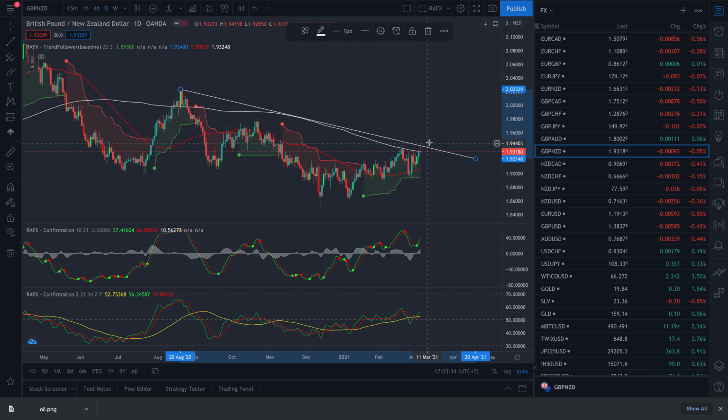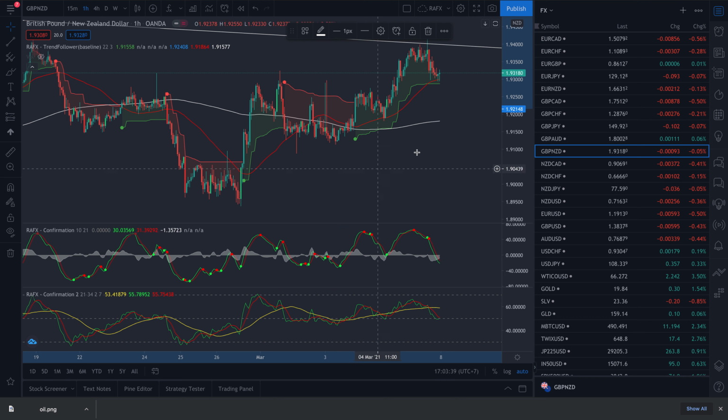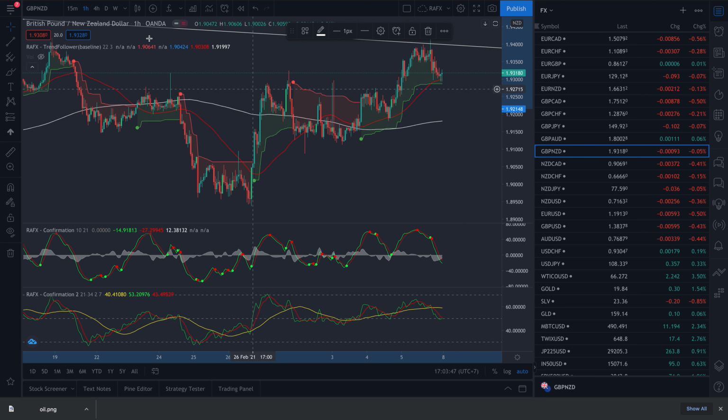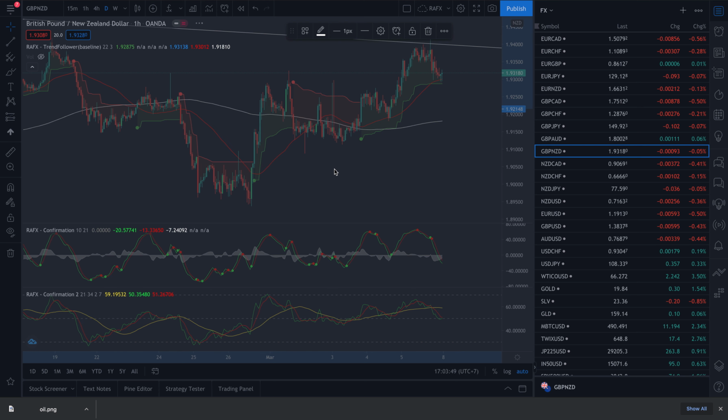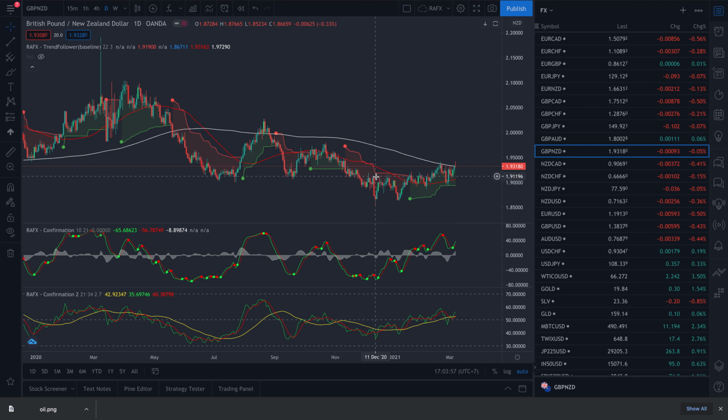Once the price goes above here, then we are going to consider this buy signal, and with the help of this confirmations in here. But as of the moment, I am not very interested in the long until I have that confirmation by next week.